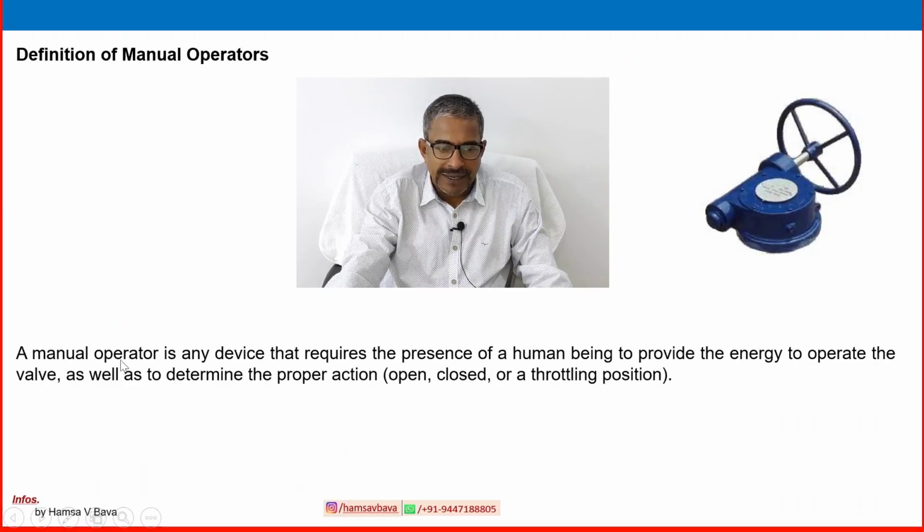A manual operator is any device that requires the presence of a human being to provide the energy to operate the valve as well as to determine the proper action, either open, close or throttling position. You can see here, this is the hand wheel. So the operator can operate up and down or sideways to close, throttle or open the valves.